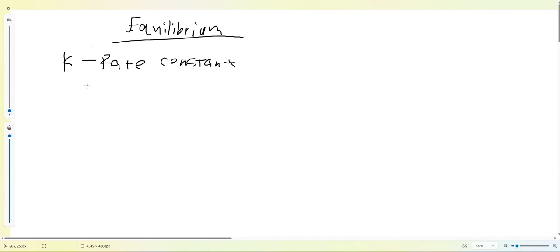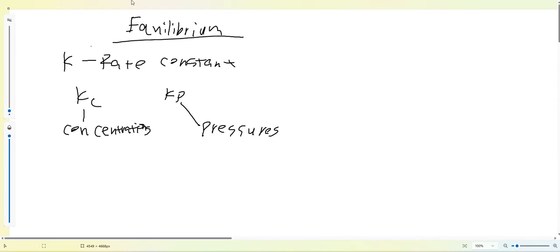Now there are two types of K, Kc and Kp. Kc, as you can probably tell, deals with concentrations in aqueous solution. Kp deals with pressures and gases.